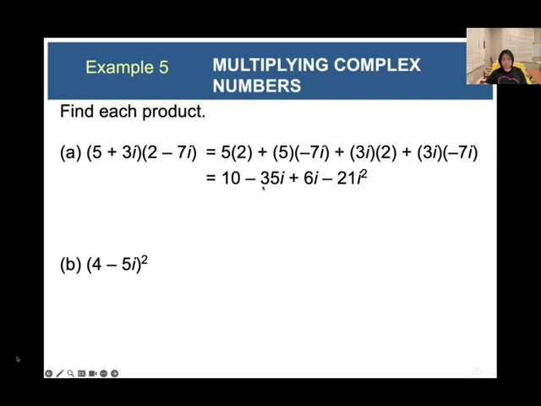Okay, -35i plus 6i, these are the like terms. You can combine them. Remember what's i squared? i squared is going to be -1, right? So you're going to plug it in. So the final answer, 31 minus 29i.